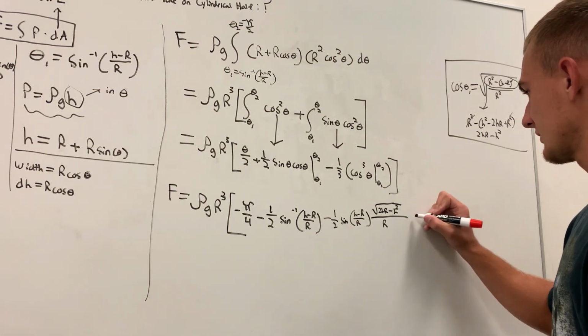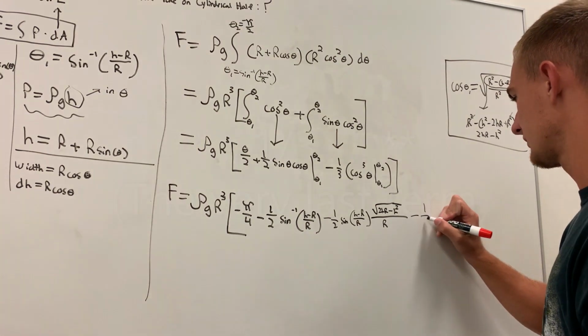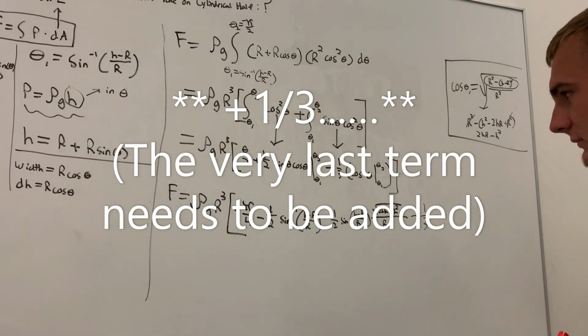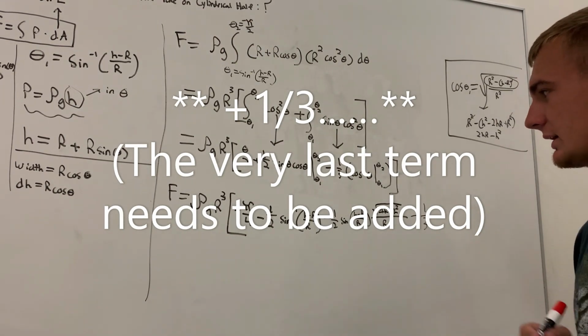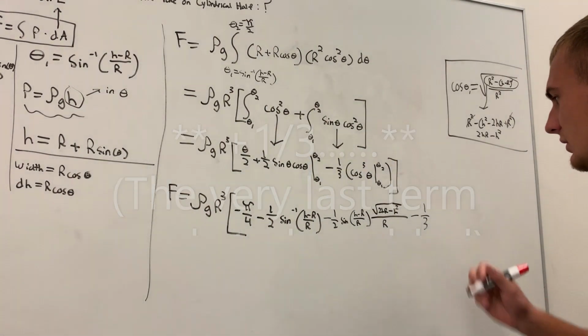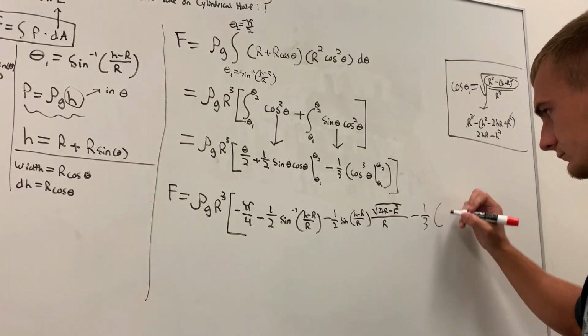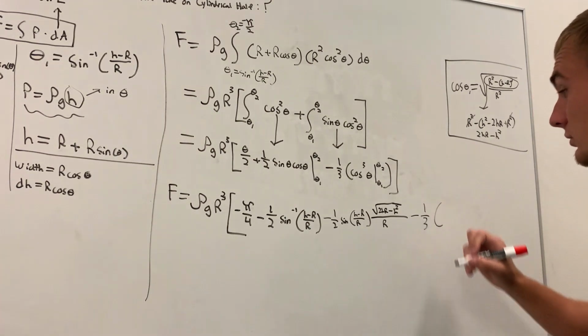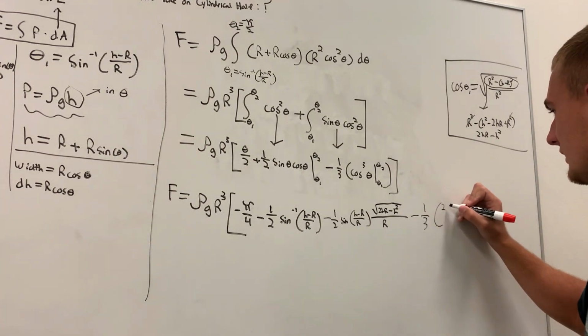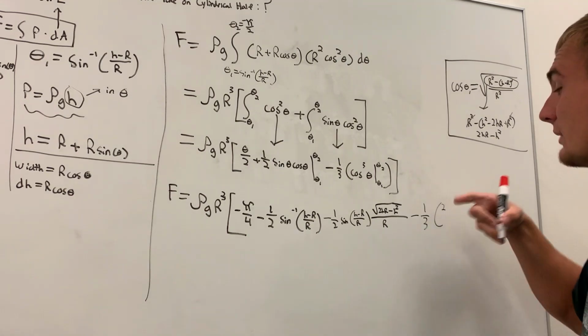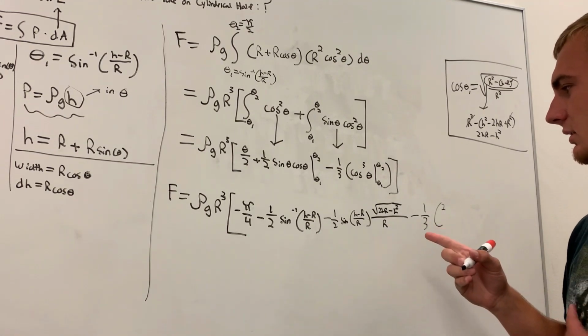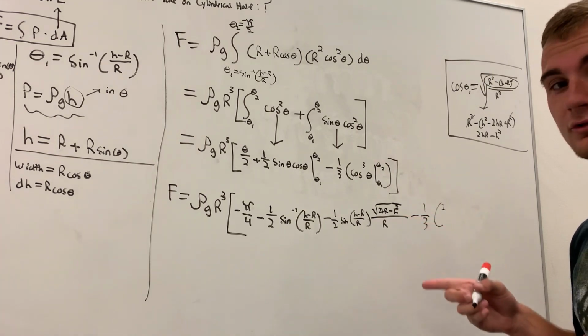Now for our second term, we will have negative 1/3. And then again, plugging in our theta 1 here, we won't have a square root, we'll be raising it to the 3 over 2 power.